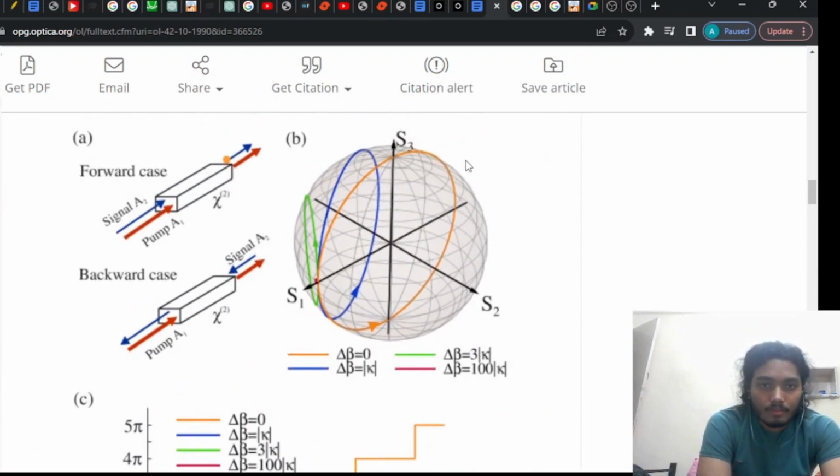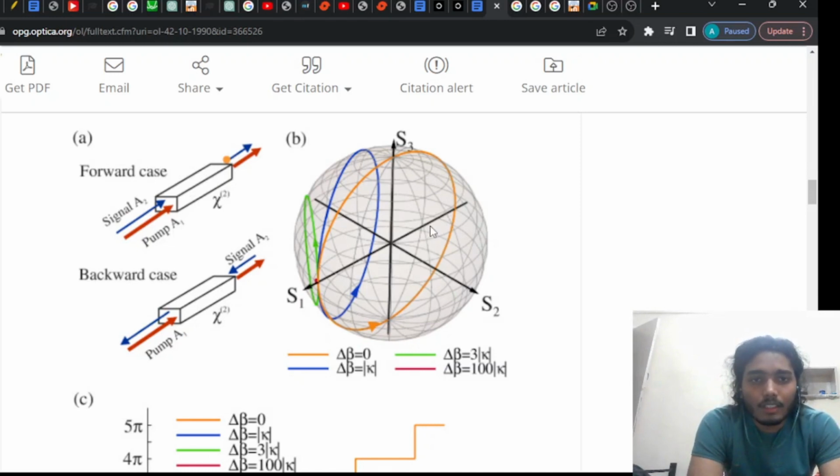Here this circular thing is representing the evolution, which causes geometric phase, which is just half of the solid angle it makes at the center. So we can see this is the case for delta beta equals 0, where phase is matching, this orange color.